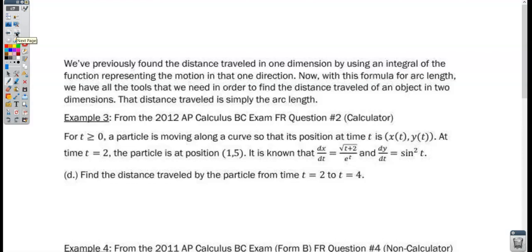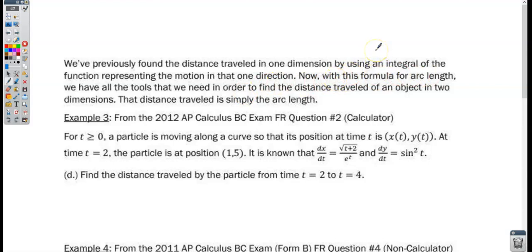So, previously in Calculus AB, we learned how to find the distance traveled in 1 dimension by using an integral of the function that represented the motion in that one direction. Now, with the arc length formula, we can actually find the distance traveled by some object in 2 dimensions.